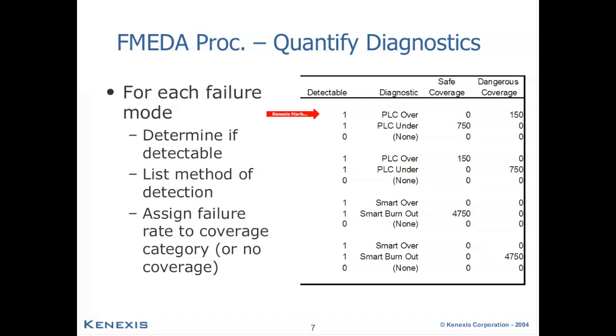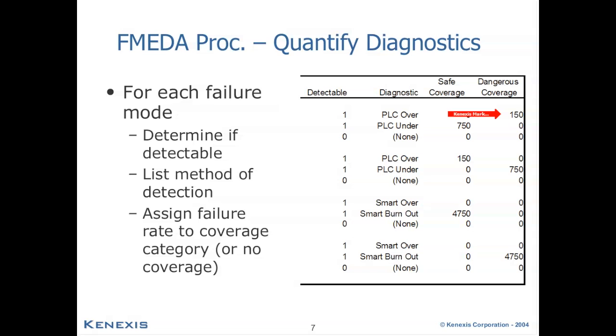Since that is detectable, we put a 1 in the detectability column. We put in a note on what exactly the diagnostic is, in this case PLC over range. And then the spreadsheet that we use, if we put a 1 in for detectable, will carry over the failure rate from the previous column where we said what is the dangerous failure rate.